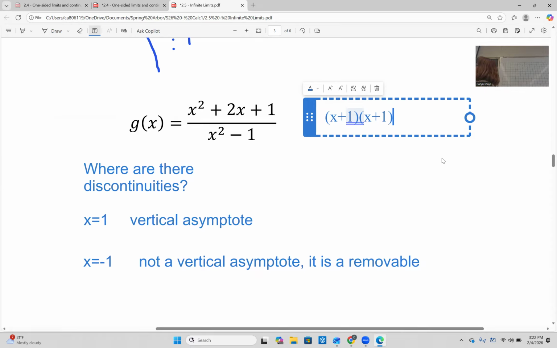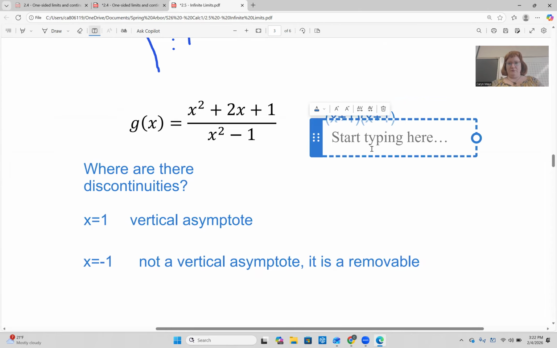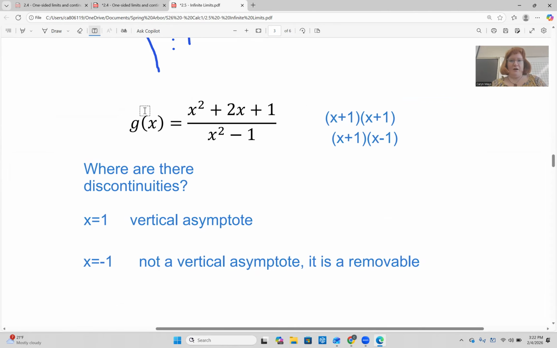All right, 1 times 1 is 1, 1 plus 1 is 2. How does the denominator factor? X plus 1, x minus 1. We are talking about college algebra. This is basically all we've been doing.